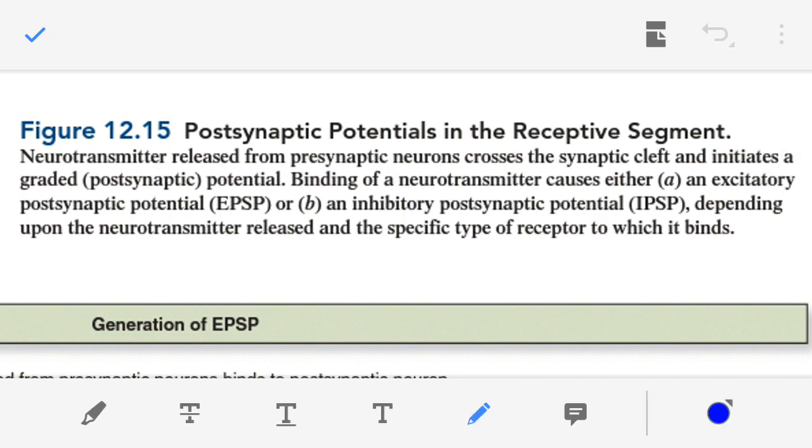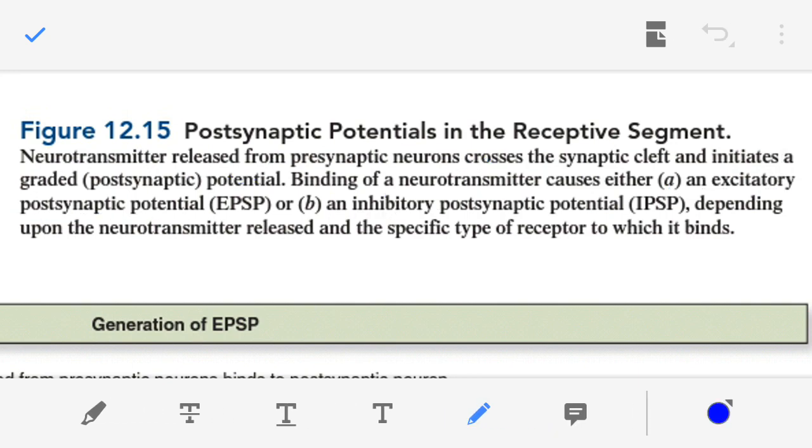Now binding of this neurotransmitter with the receptor can be either excitatory or inhibitory for the postsynaptic neuron. If the neurotransmitter is excitatory, it is responsible for the generation of an excitatory postsynaptic potential, known in short as EPSP.